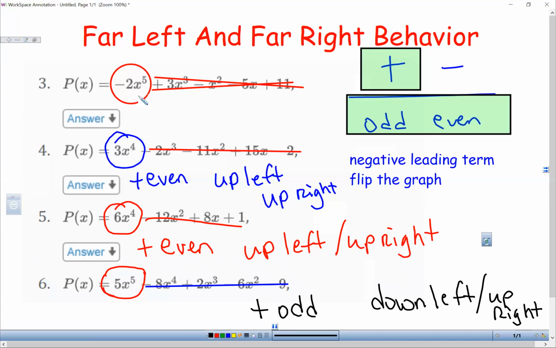So let's go back up here to number 3. So this one was negative and odd. Again, the exponent, the 5, is what we're looking at for odd or even. So this is the opposite of number 6 down here, sorry. It went down on the left and up on the right. So since this is the opposite, this one is going to go up on the left and down on the right.